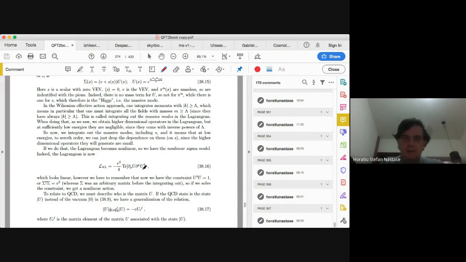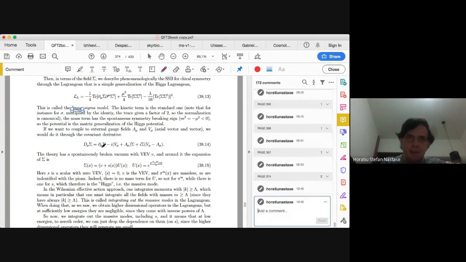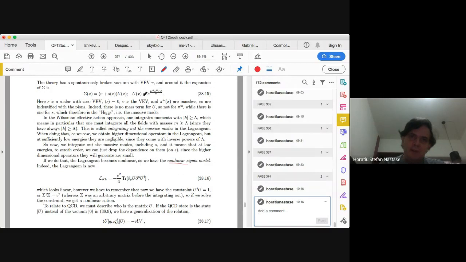So this is known as the nonlinear sigma model. This is nonlinear, this is linear. And well, it does look linear, meaning quadratic in the Lagrangian, quadratic in the field. Linear refers to the equation of motion. But we have to remember that U is now an exponent of something. So U really is a unitary matrix, so U dagger U is equal to 1.